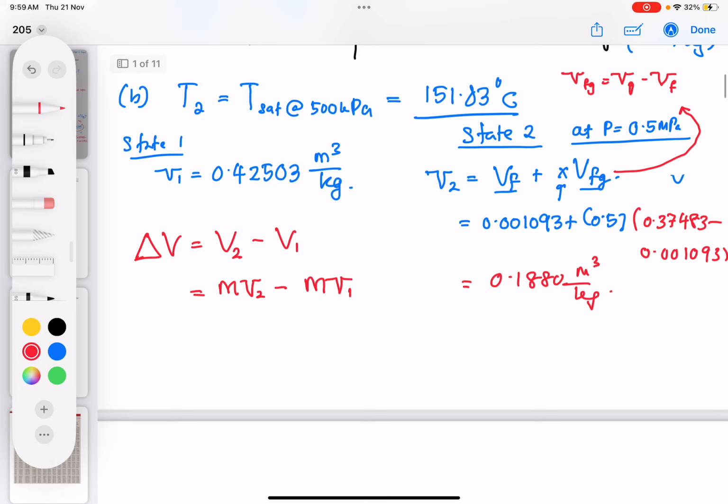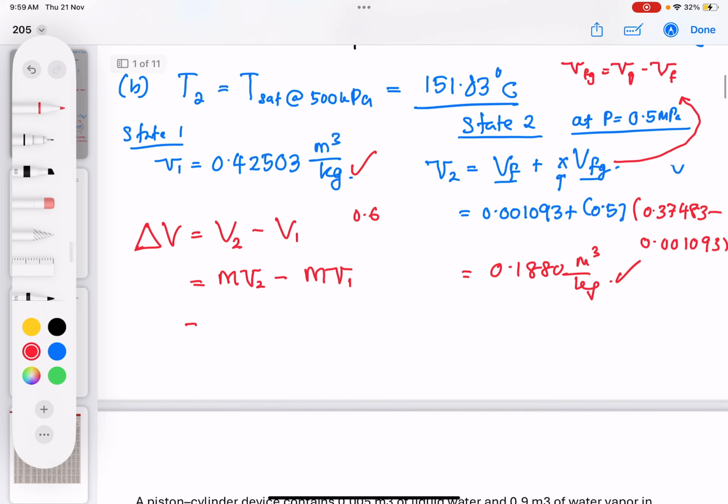We can substitute the value, because m is equal to 0.6. Sometimes I can also simplify it like this, because both sides have m, therefore I can take out m.